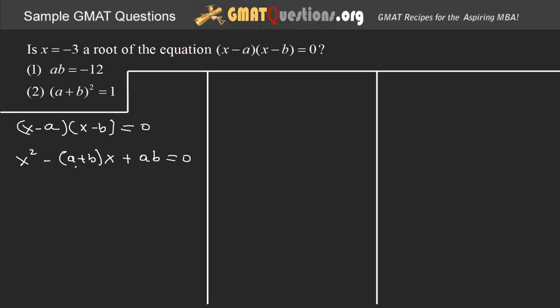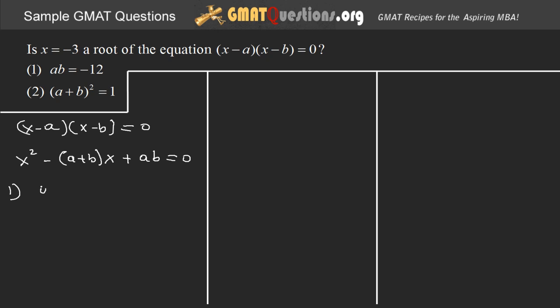The sum of the roots is a plus b, but the negative of the sum is the coefficient of x. Again, watch the previous video in order to understand this: the coefficient of x is the negative of the sum of the roots, and what doesn't have an x is the product of the roots. Okay, now where do we go from here?